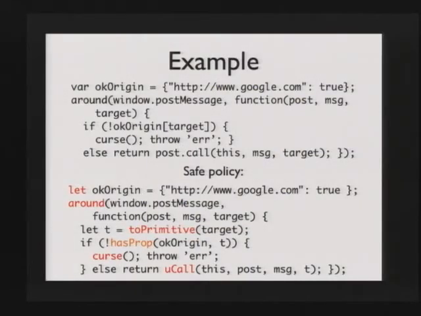And then it will check with a hasProp. This will check only in the original object and will not go up to the prototype. So you cannot do prototype poisoning here. And then they have something that's called ucall, which will only do a call to the original object and also not go up to the prototype. And this will prevent all these attacks that I have shown you before.